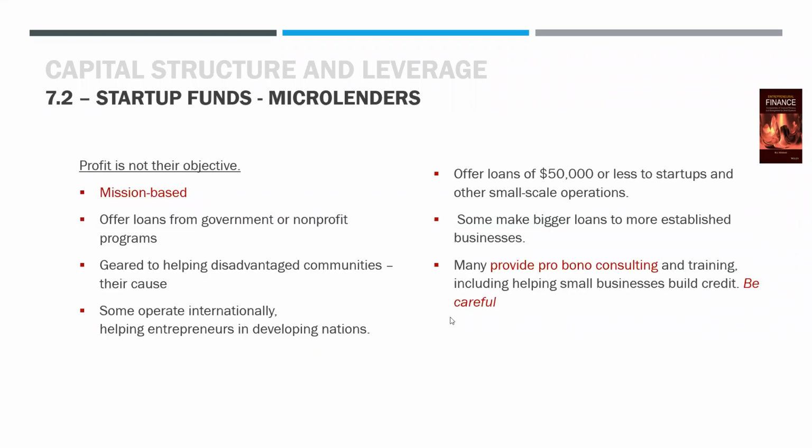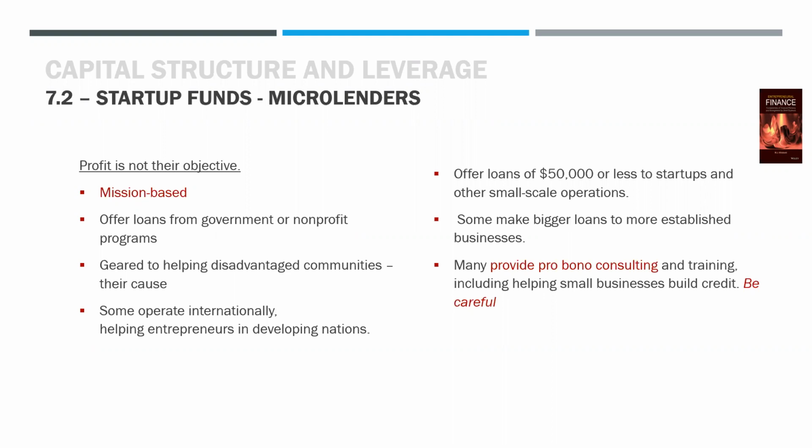One thing that you do need to be careful of is this final bullet point here, in that many of those small lenders may provide some counseling and training pro bono, so it might be free of charge. There might be a fee involved. So you do need to be careful, including helping the individual build your credit.